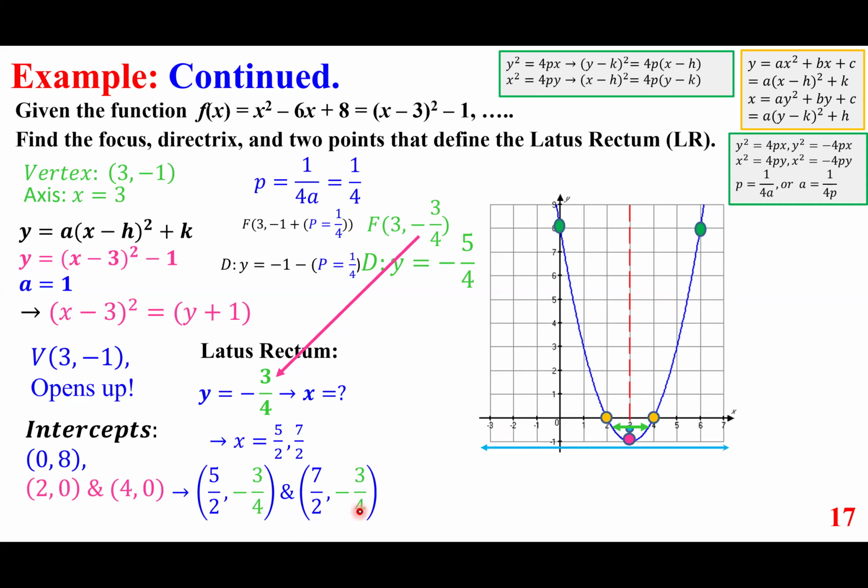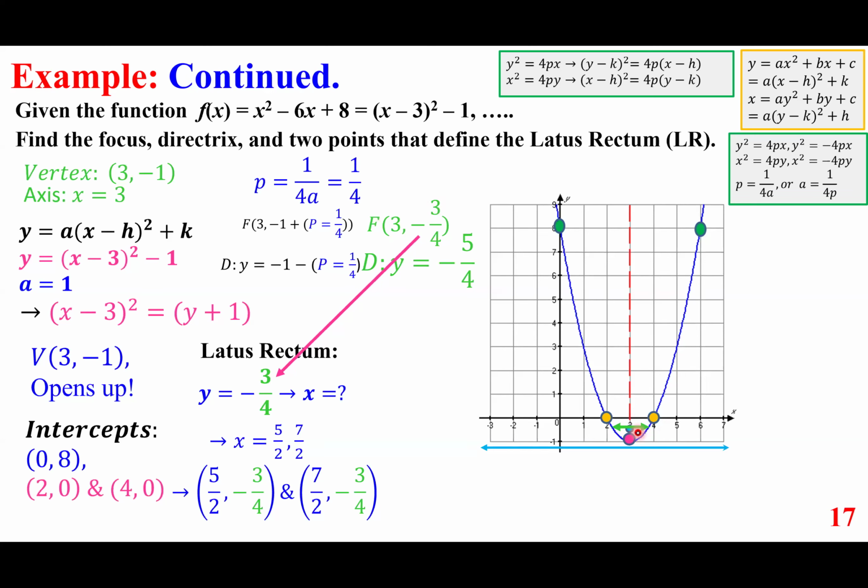I'll go over the second method, which I believe is easier. You don't have to go through finding it here. Rather, it has to do with the location of the focus, which is here. So we have that coordinate. Now we're going to go to the right and left.